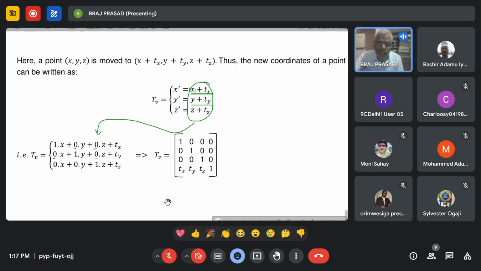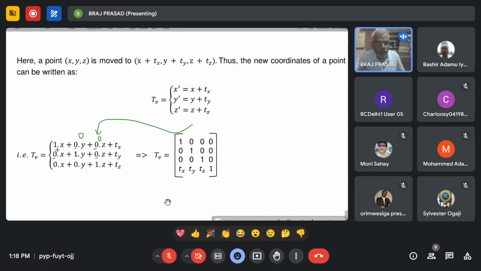If we multiply this 0 with y, we get 0. This is also 0.